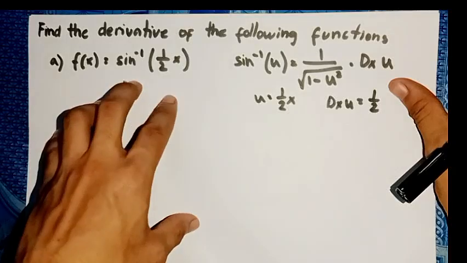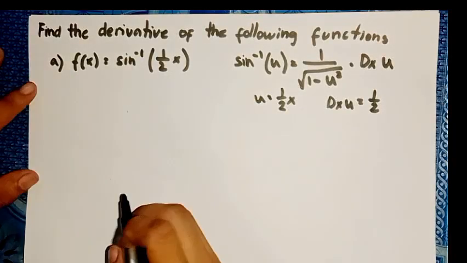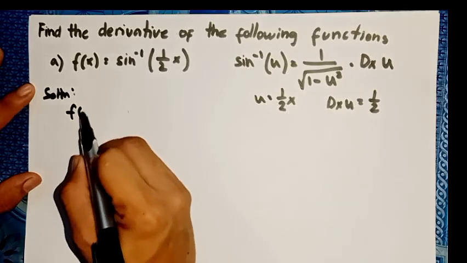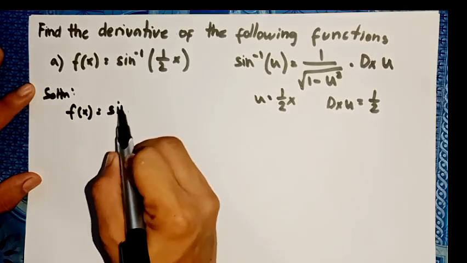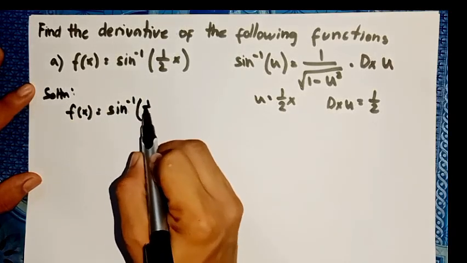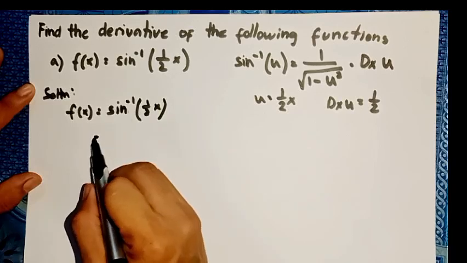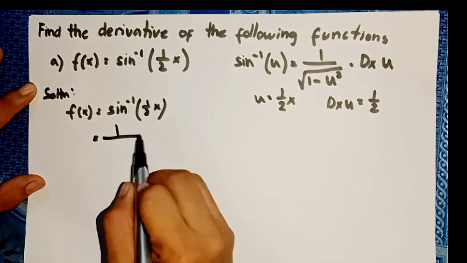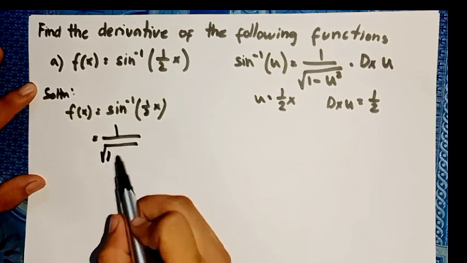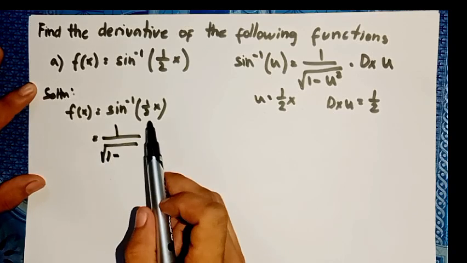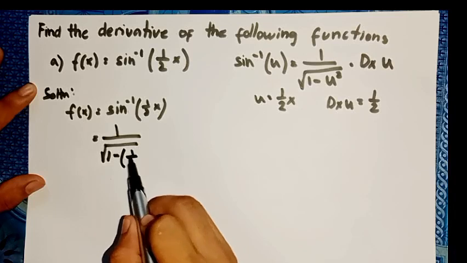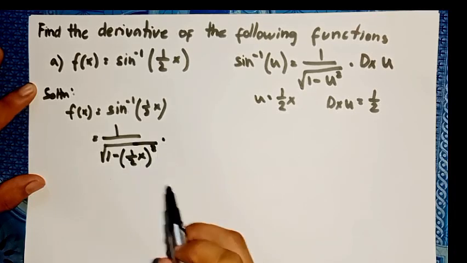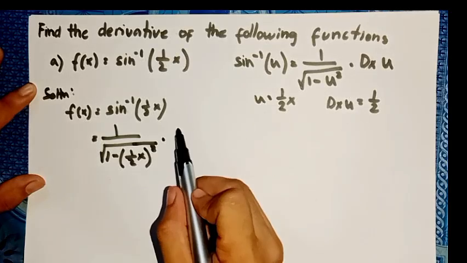Now, let's solve this problem. So, f(x) is equal to sine inverse of 1 half x. Let's use the formula: 1 over the square root of 1 minus u squared, where our u is 1 half x, so 1 half x squared, times the derivative of u, which is 1 half.